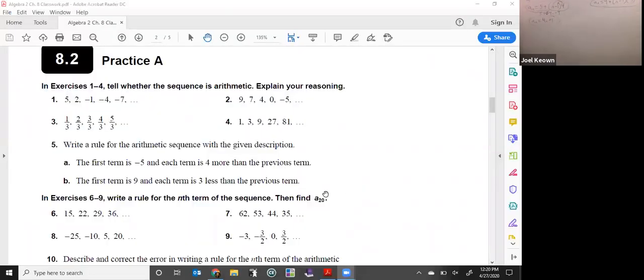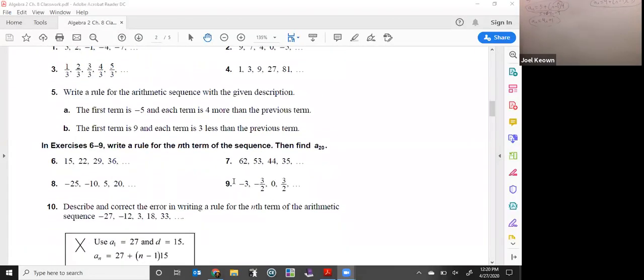All right, let's look at our next couple of problems over here. It says writing the rule for the nth term. So really doing the same thing, except they're adding that they want me to find a sub 20, right? I'm going to try to do the harder one, so I'm going to try 8, 9.